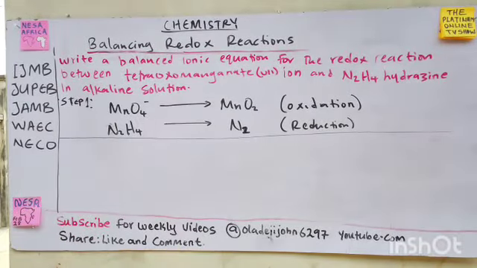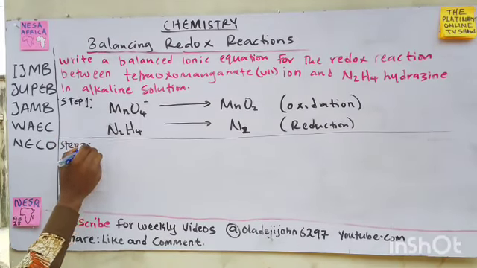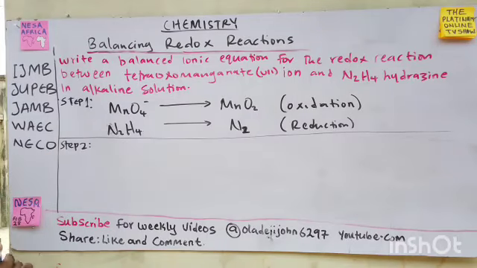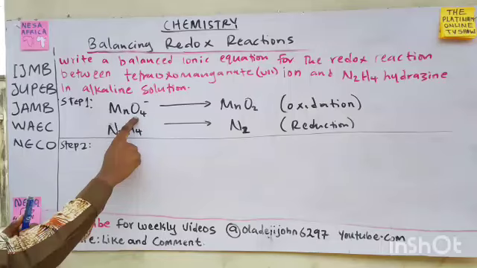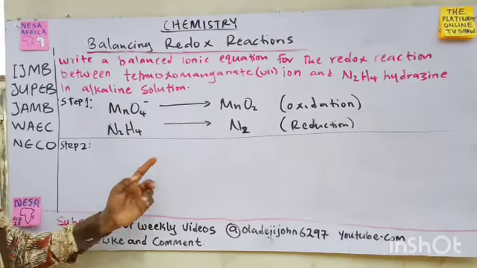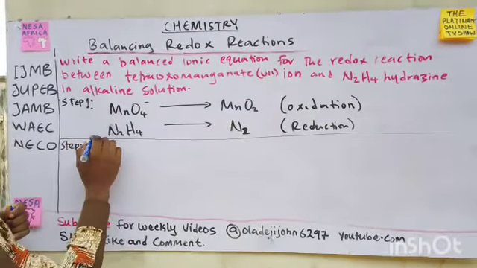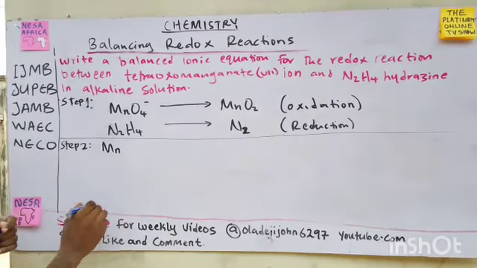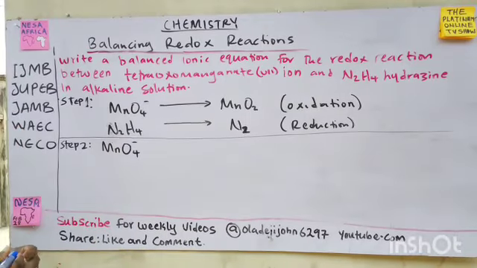So having gotten step 1 done, you move to step 2. Just like we explained in the acidic medium between iron and permanganate, here we look at what we have. We have 4 oxygen here, but 2 of the oxygen was used up with hydrazine, so this 2 is what is left. So in step 2 we have MnO4-.